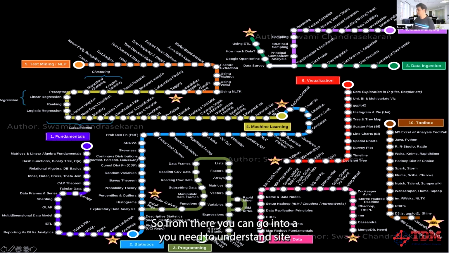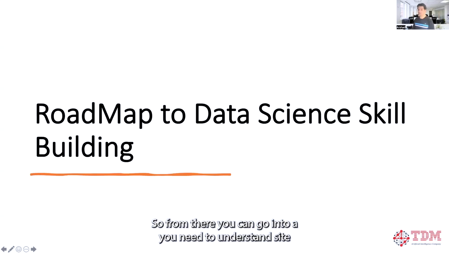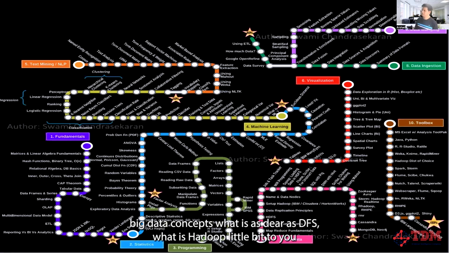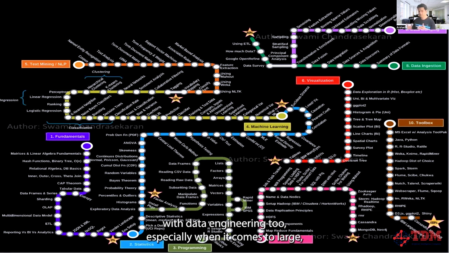So from there, you need to understand big data concepts. What is HDFS, what is Hadoop, a little bit. If you are targeting to be a scientist, you have to understand a little bit of data engineering too, especially when it comes to large data sets, how to deal with them, how to train them, then data ingestion, munging, and some additional topics too. So if you can take a picture of this, that's also good.